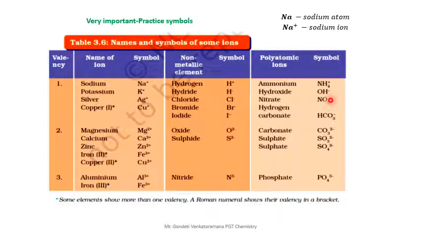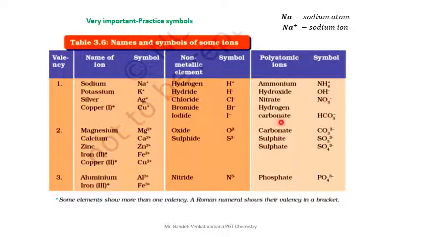Most of the students, especially 9th students, get confused with nitrate and nitride. Nitride means N 3 minus, but nitrate means NO3, polyatomic, having the charge of only a single minus.